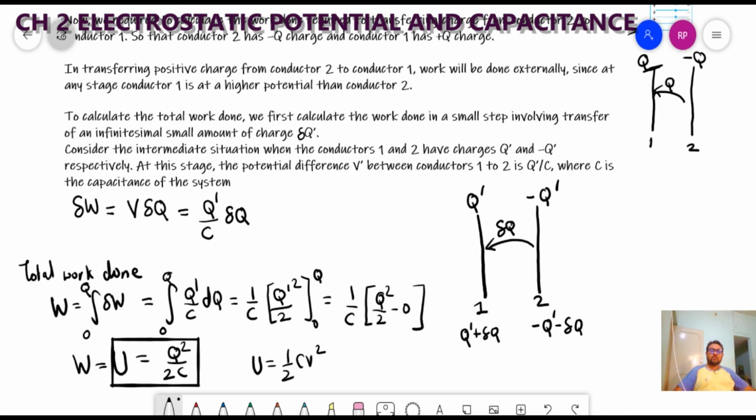Now if I put the value of C as q by V, at that time I will get the formula U equal to half Vq. Okay, so these are three different formulas for the energy of a capacitor. Clear? So just go through this derivation.